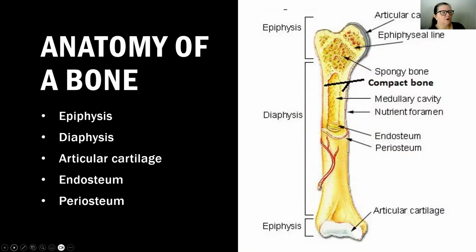Here's the anatomy of a bone, or what a bone basically looks like, the pieces and parts that make it up. Now, this is a long bone. Not every single bone is going to look like this, but they all basically have the same parts with a couple of differences. In a long bone, the kind of clubby, knobby ends of the bone are called the epiphysis.